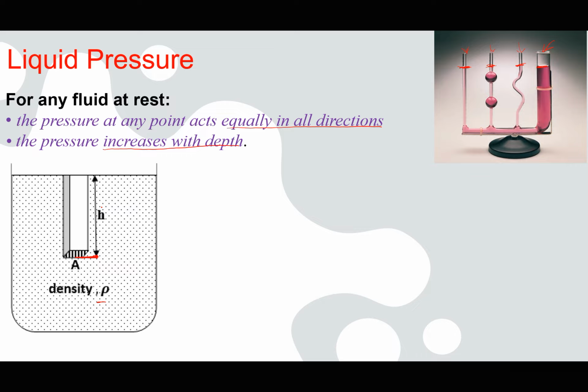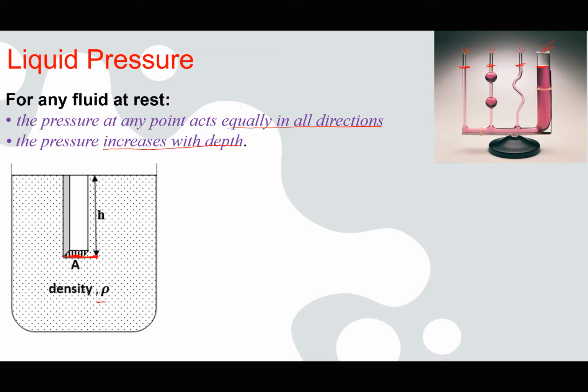The pressure due to the liquid is caused by the weight of the column of the liquid above that small area at that depth. So the pressure exerted at the bottom of this container is the same as the pressure due to the liquid column, caused by the weight of the column of the liquid above that small area at that depth.